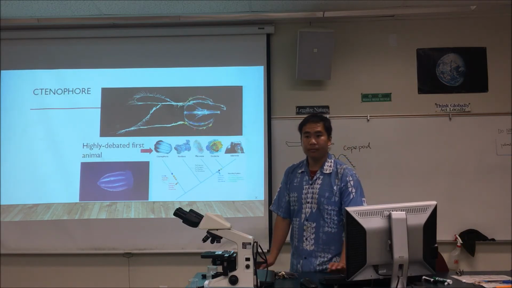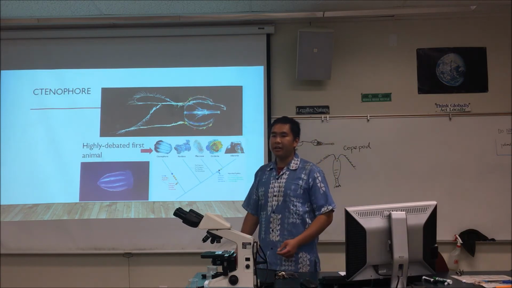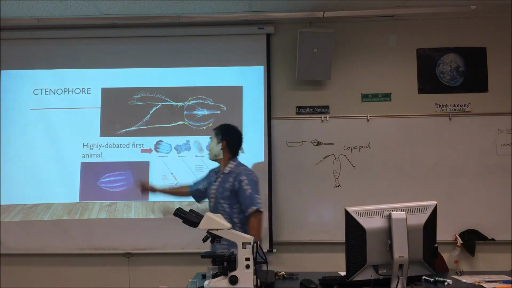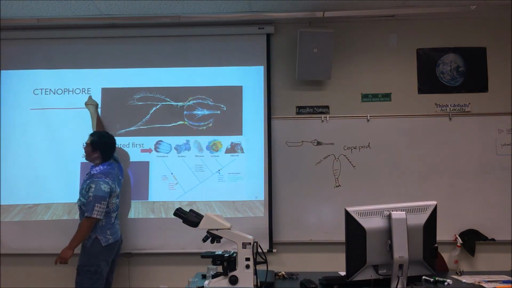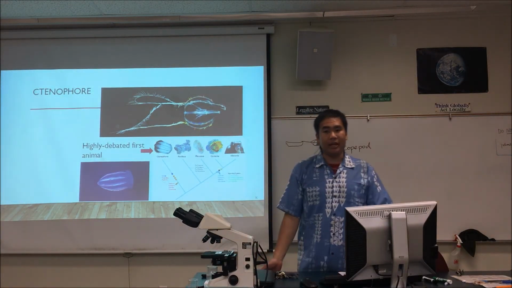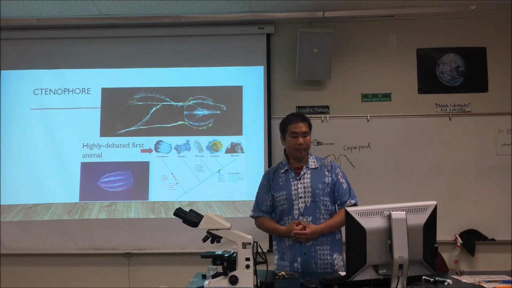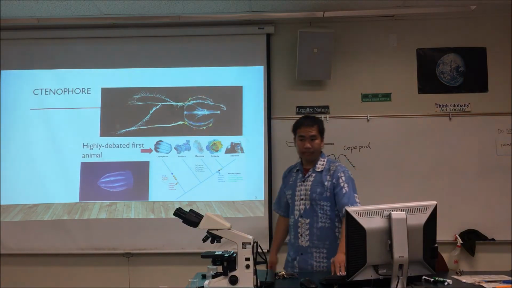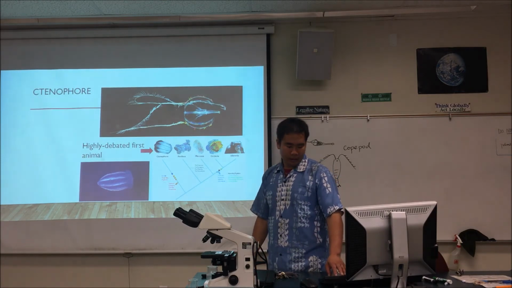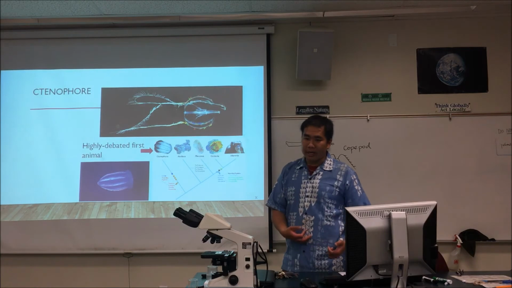Comb jellies are not cnidarians. They're actually in the phylum Ctenophora, and they're a type of holoplankton, which means they stay plankton their whole life. Okay, so we just talked about all 6 of the different types of holoplankton.